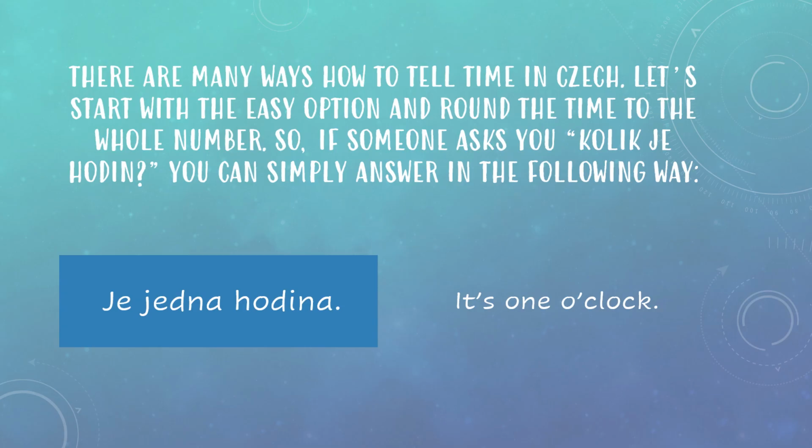Let's start with the easy option and round the time to the whole number. So if someone asks you kolik je hodin, what time is it? You can simply answer in the following way. Je jedna hodina. It's 1 o'clock.